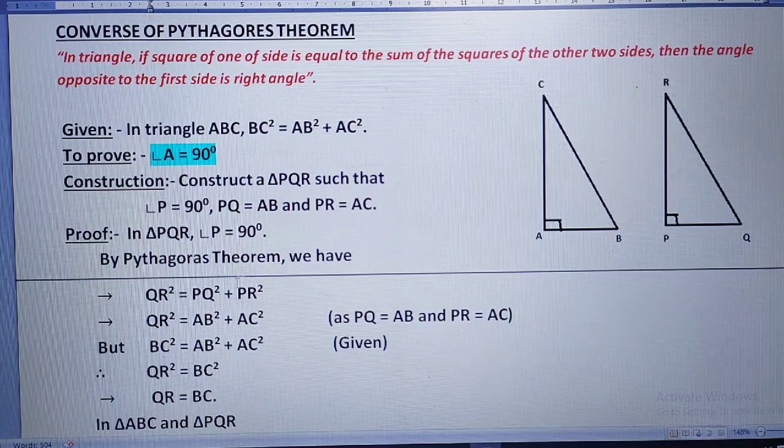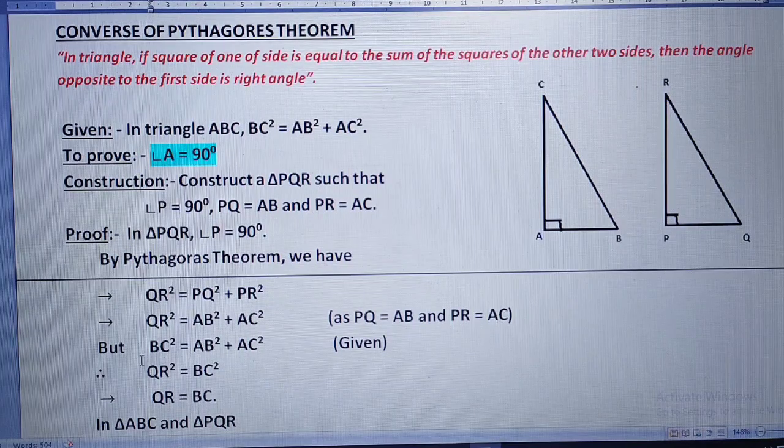So QR square is equal to PQ square plus PR square as per the first theorem. This implies QR square is equal to, in place of PQ write AB square because AB is equal to PQ, and in place of PR write AC, so PR square means AC square. Therefore QR square is equal to AB square plus AC square.